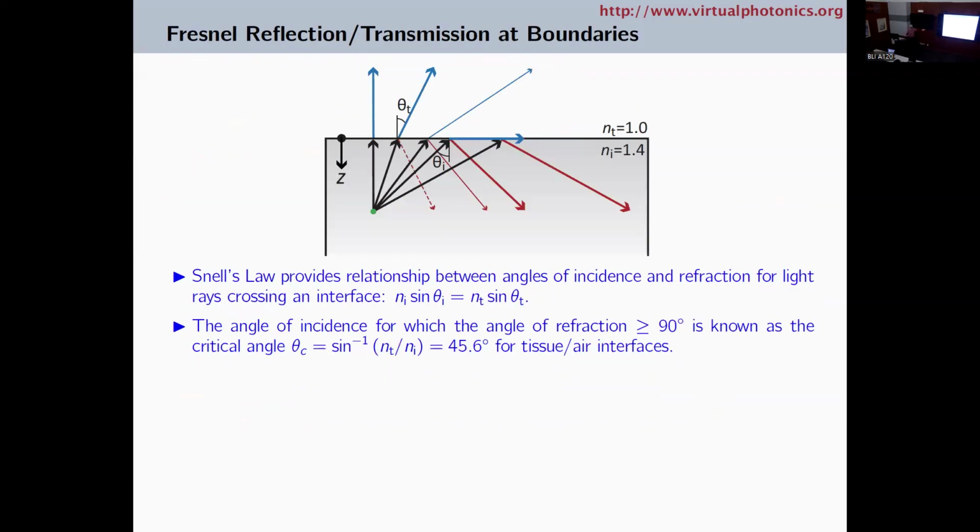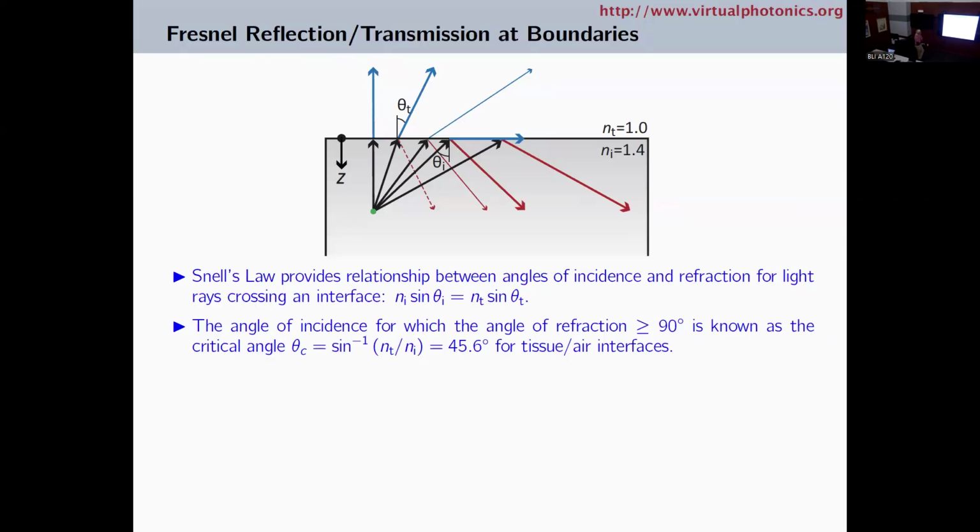Okay, so let's talk about boundary conditions in the standard diffusion approximation. I think most of you know from your high school physics that Snell's law provides this relationship between incident angles and refractive angles.